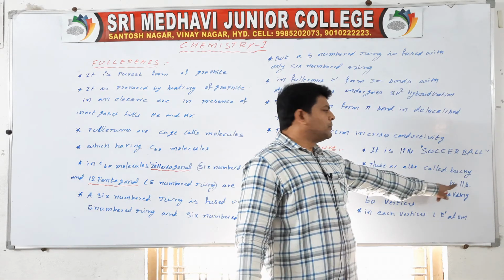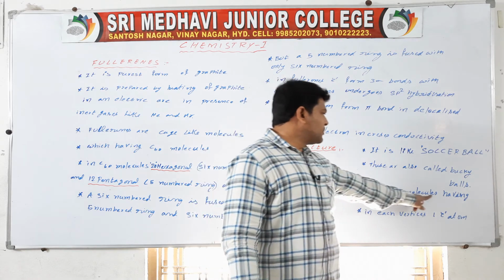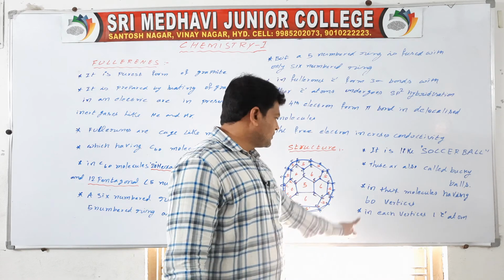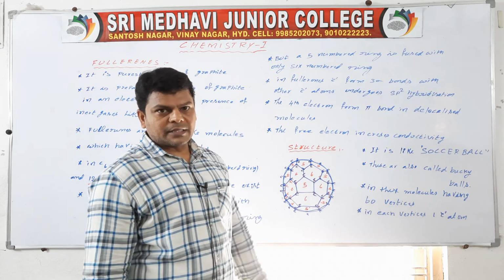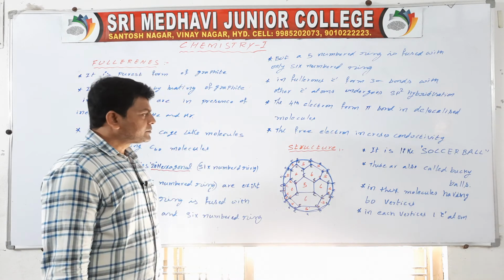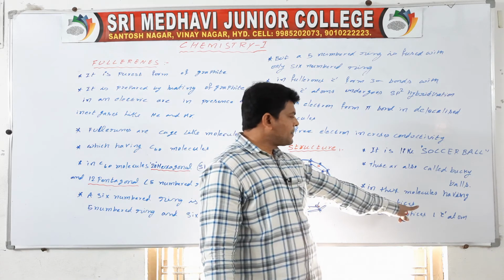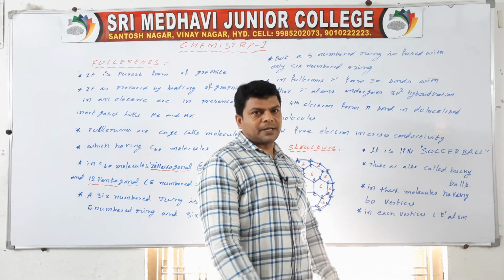These are also called Buckyballs. In these molecules there are 60 vertices. In each vertex one carbon atom. All these are vertices. Okay. In each vertex one carbon atom is present.